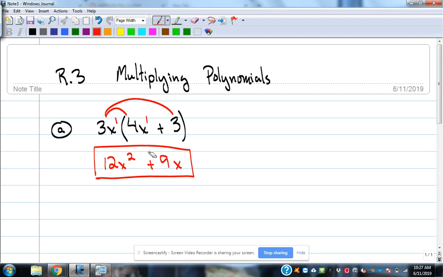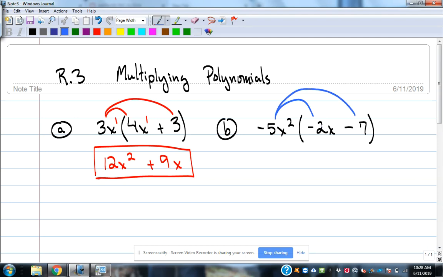final polynomial there. If we had a negative 5x squared out in front and we're multiplying that times maybe negative 2x minus 7, same idea. We're taking that whole monomial in front, that negative 5x squared, and multiplying that whole thing to each piece.